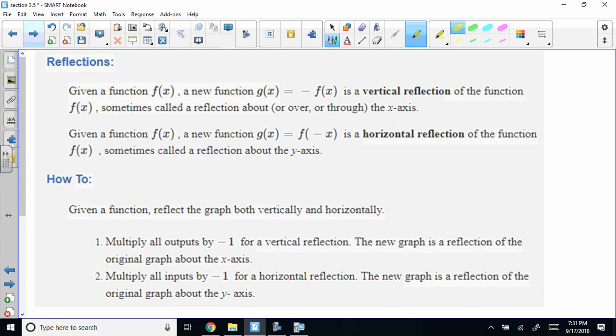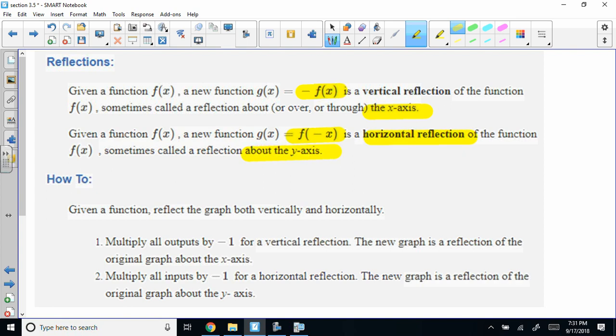All right, reflections. You have a vertical reflection and then a horizontal reflection. Vertical is basically reflecting over the x-axis, right? It's vertical, up and down. So the y values change. All they do is change signs, okay? So that's why they have right here negative f of x, right? Compared to f of negative x, which is a horizontal, that's about the y-axis.